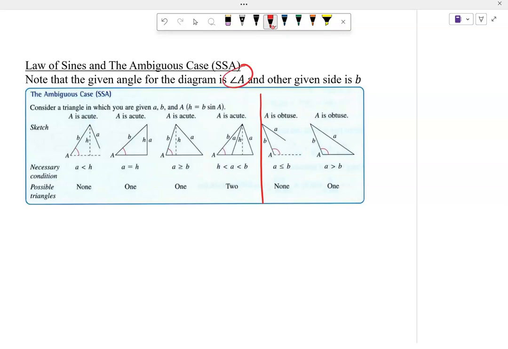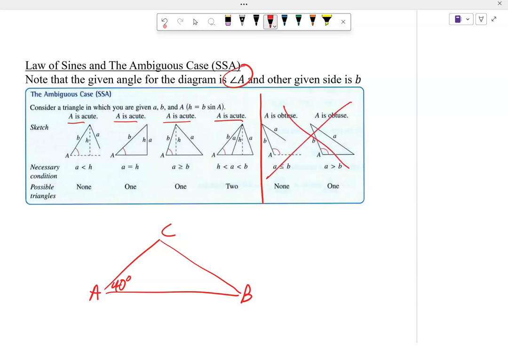Okay, angle A. Well, in the diagram that we just had, it was like this: A, B, C, and we had the 40 degrees right there. Okay, so our angle was acute, not obtuse. So this does not apply right there.